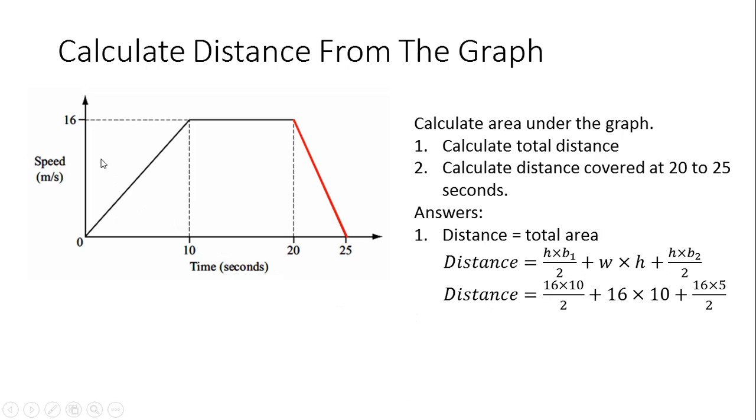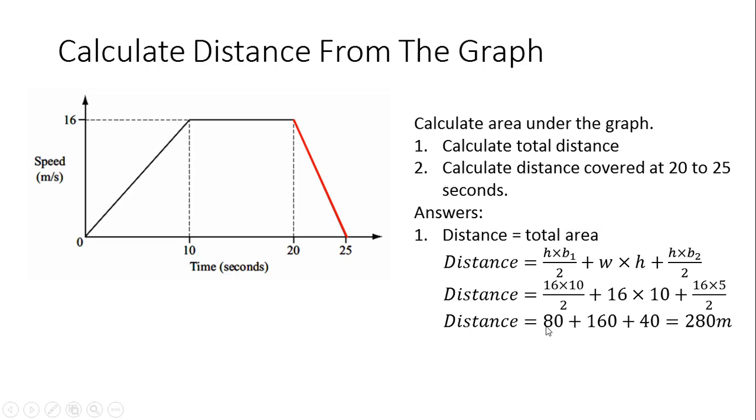And then we need to insert the numbers. The height is 16, so we just insert it here, here, and here. The base 1 is 10, from 0 to 10, the width is 10, from 10 to 20, and the base 2 is 5, from 20 to 25. Don't forget to write the over 2 here and here because this is the triangle formula.